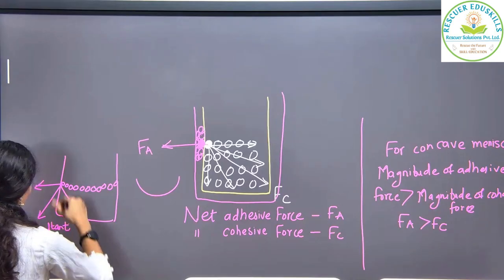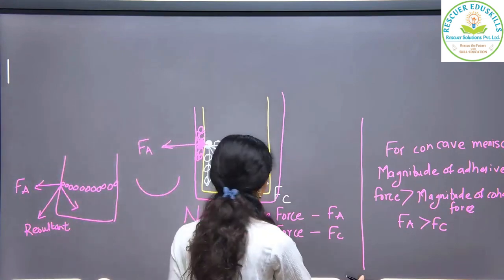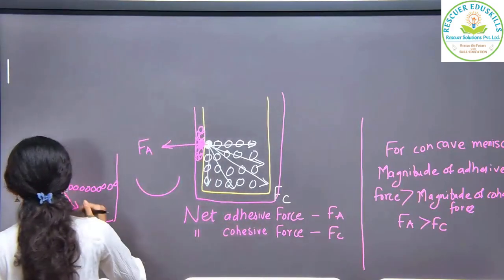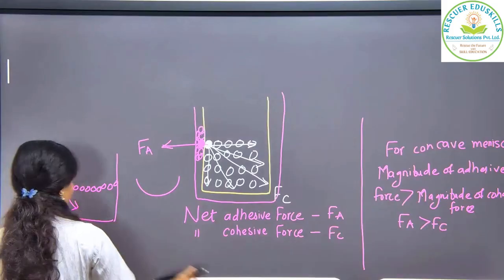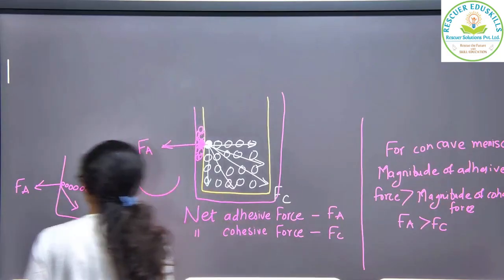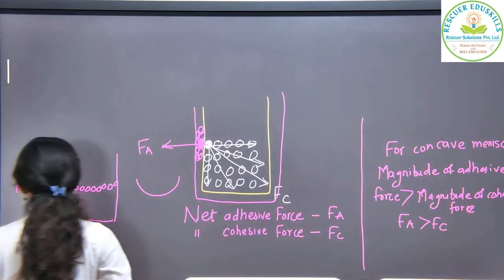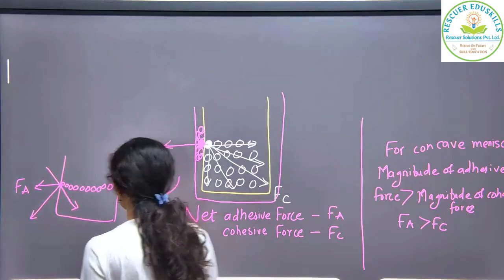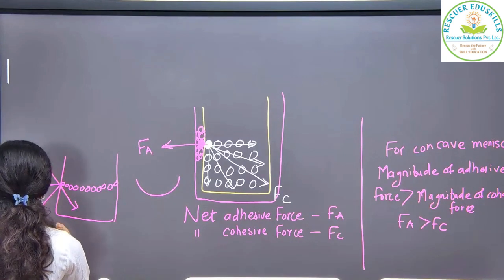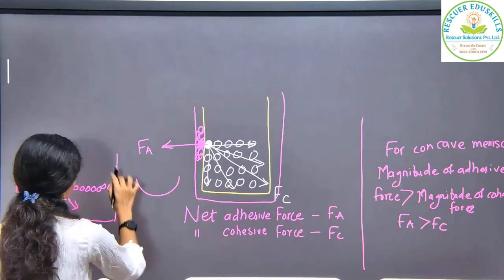Now we are going to draw a 90 degree tangent. Because this tangent is at 90 degrees, this meniscus is concave.